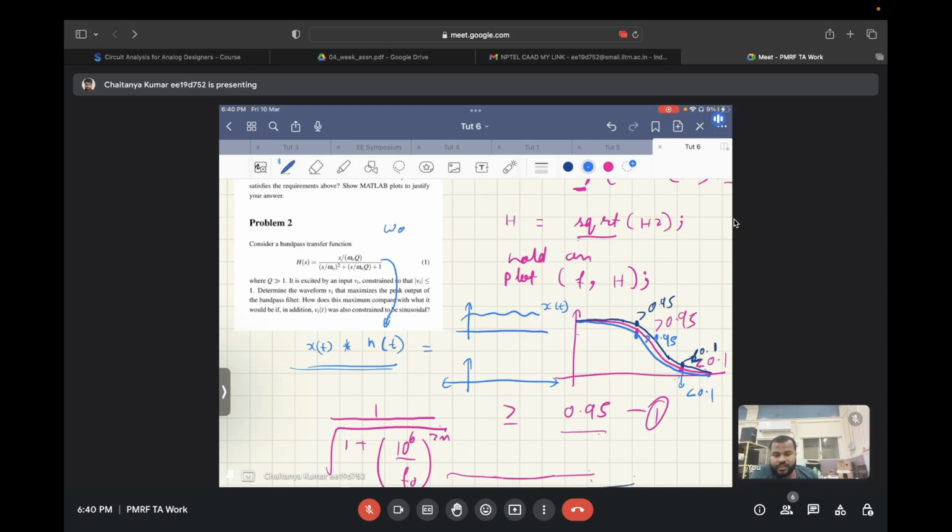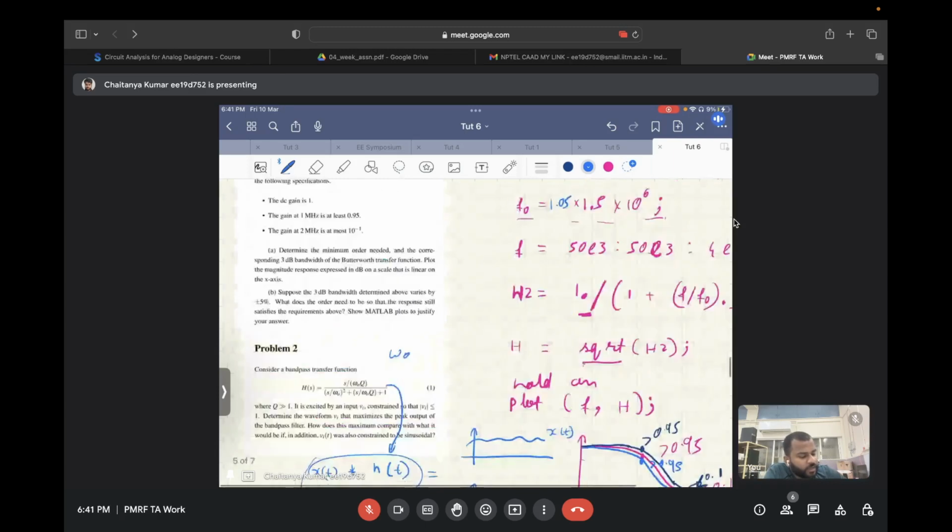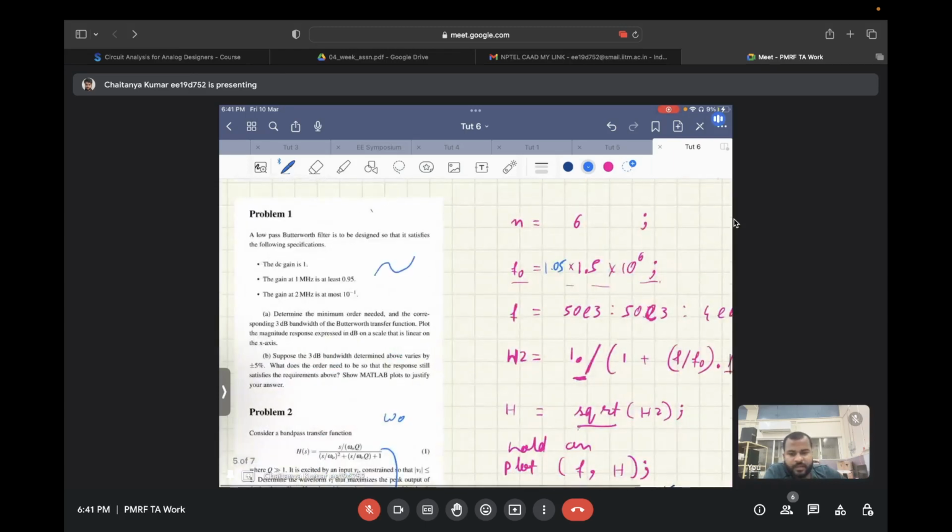So I will make this a little clearer. In the time domain, you have a signal at any instant of time, and there is some maximum that can come at any instant. You need to find the peak value of this thing in the time domain to be maximum. Let's say for some x of t you get something like this, and for some other x of t you get something like this.